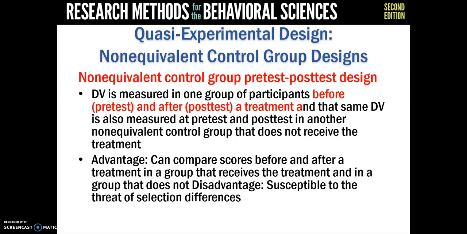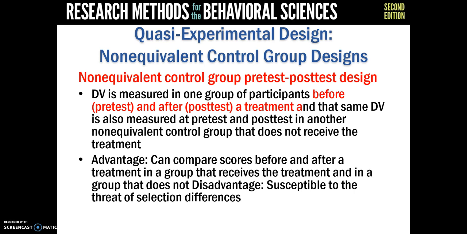The next one is the non-equivalent control group pre-test and post-test design. Just like the pre-test and post-test design before, but now we have a control group to compare with. Now we can compare the baseline score from the beginning and also compare the score after the treatment.